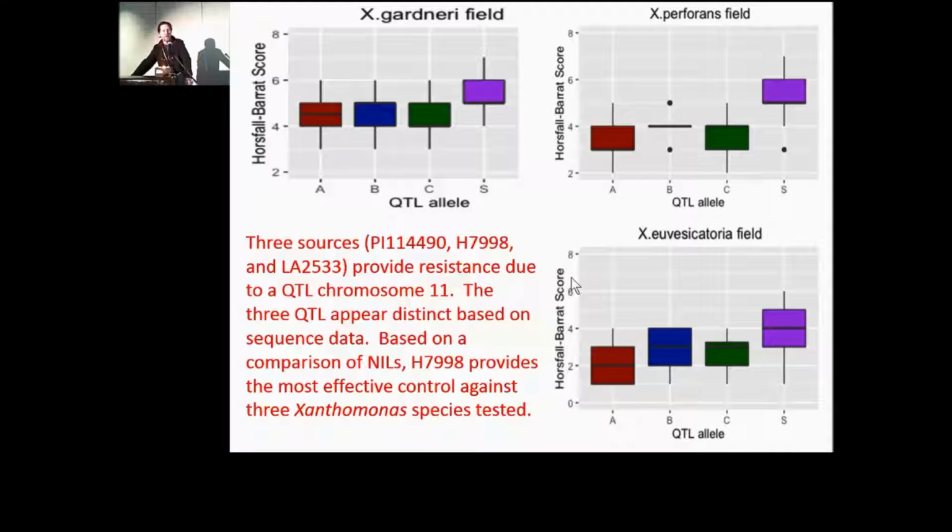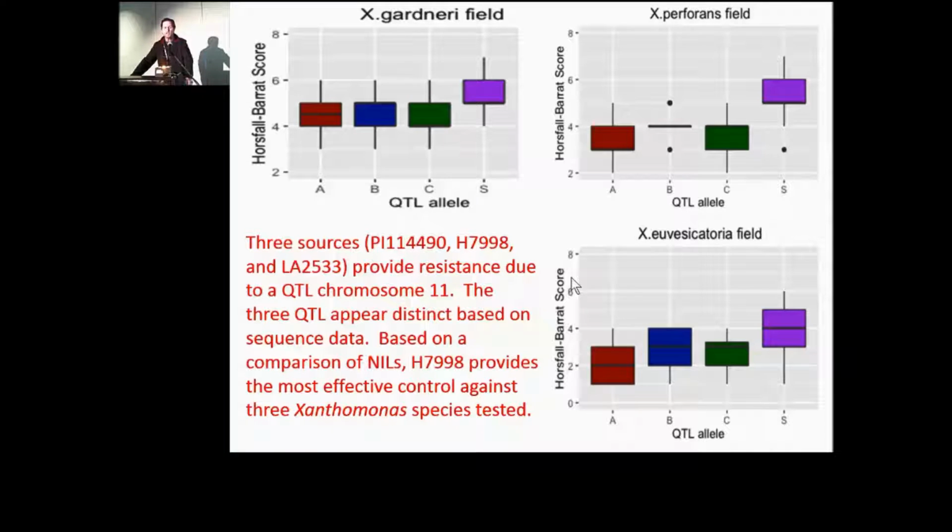And then when he evaluated this in the field, in separate trials under infection, what he found was that in certain cases, like the top left where we have infection by Xanthomonas gardneri, the allele from the Pimpinellifolium in green there is probably the best, although it's not statistically better than any of the others.